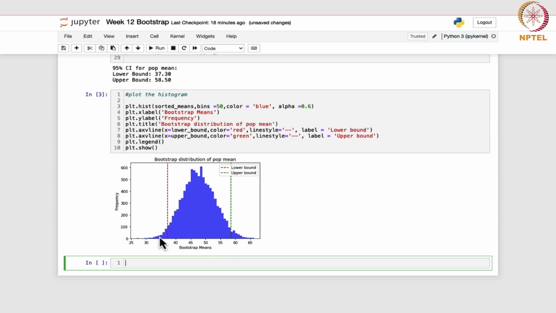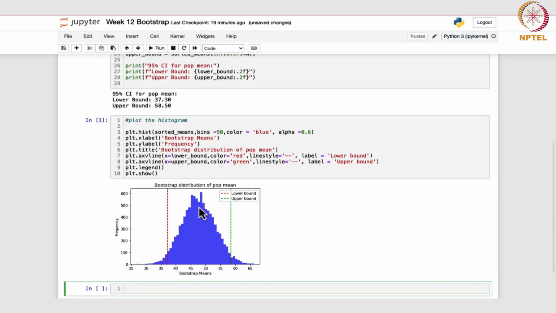So you also have the overall means, because for each bootstrap sample you calculated the mean and you have plotted the means over here. This is the histogram of the sorted means, and here you can see your lower and upper bounds are also visible, which basically covers 95% of your data set over here.